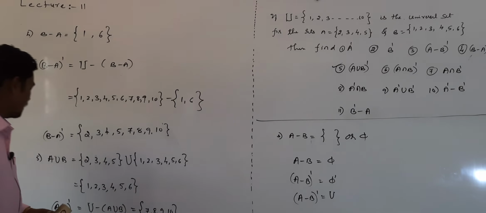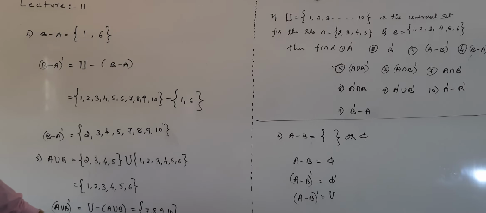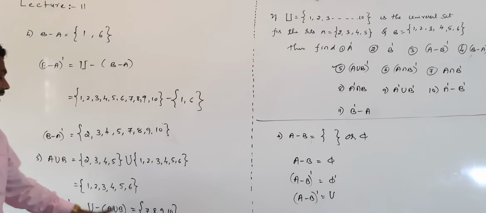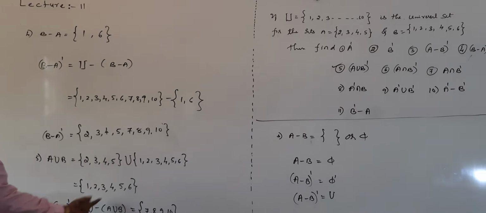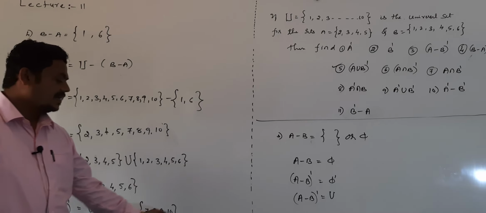This is our A union B whole complement. A union B whole complement means U minus A union B. Already we have A union B, which is 1 to 6. 1 to 10 minus 1 to 6 means 7 to 10.